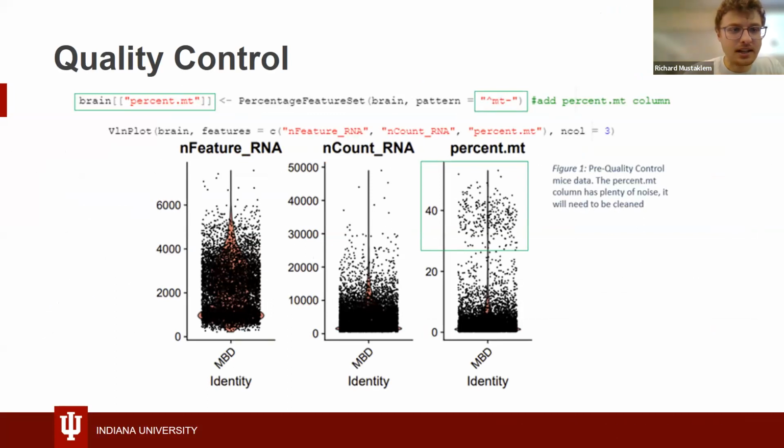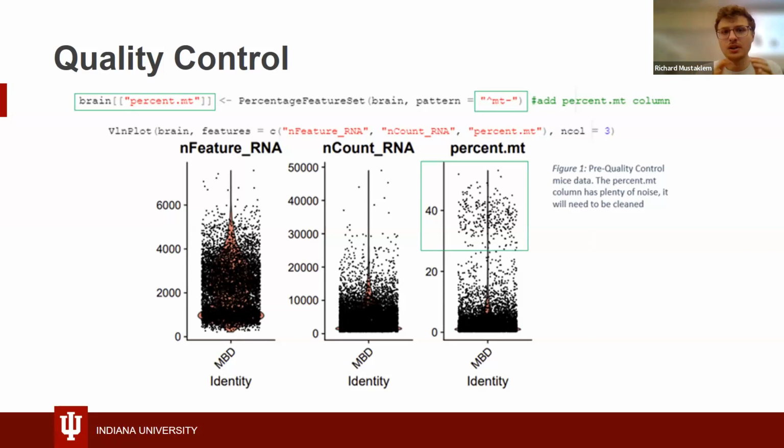We're going to do that with this line of code here, brain bracket percent MT, which makes a data frame within our data set. We're going to take all of the genes that have mitochondria dash in them. One thing to note is that if you're working with mouse data, it's going to be lowercase, because human data is all uppercase.